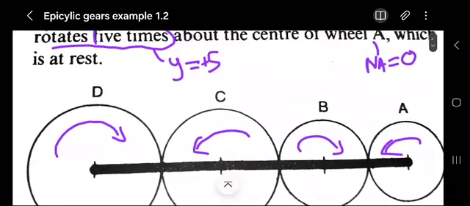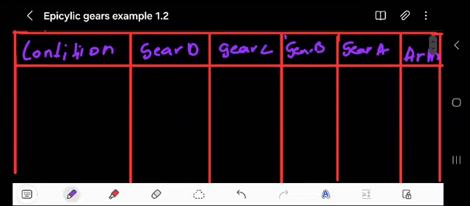First condition. Then the second condition, you draw another column.